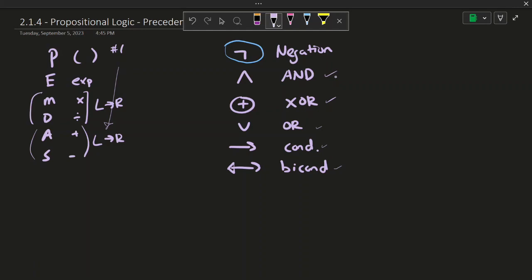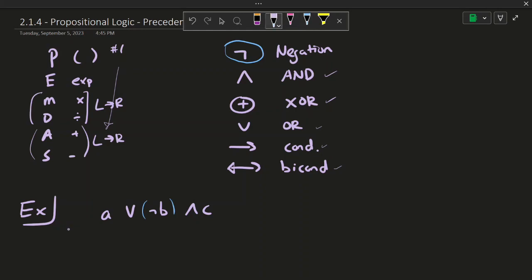So for example, A or not B and C. Going through these one at a time, we for sure have negation that's going to go first. So I like to just say, okay, there's my negation.